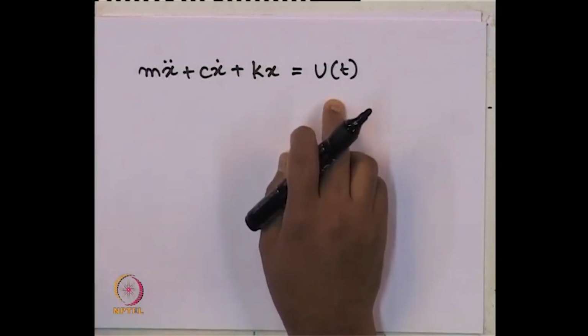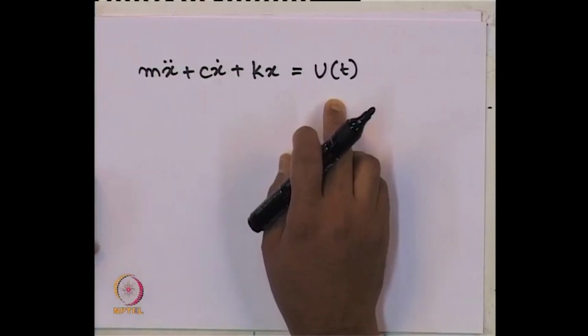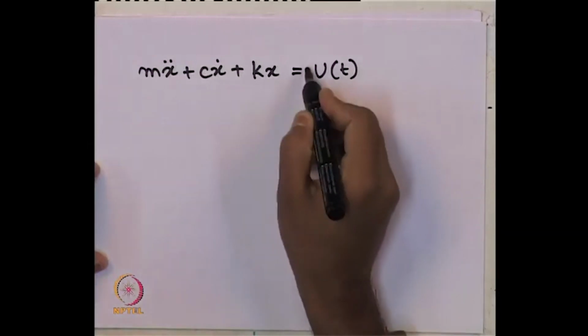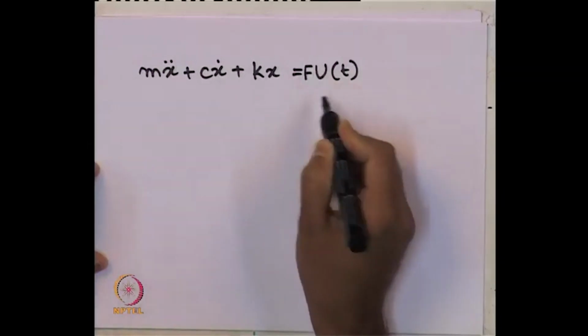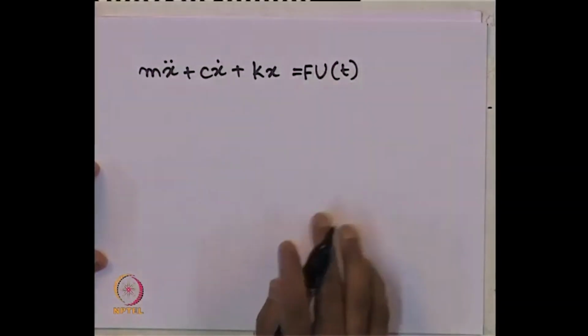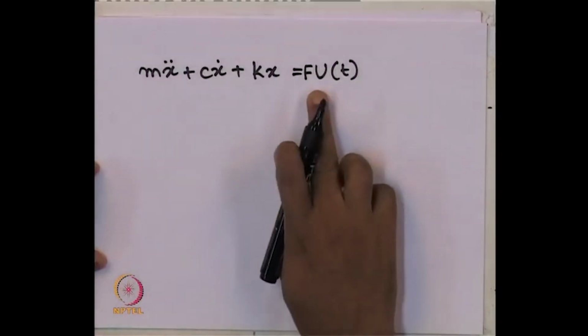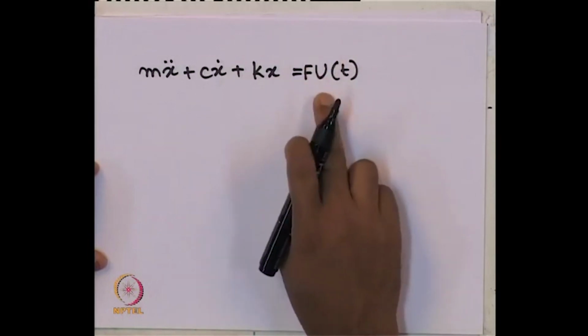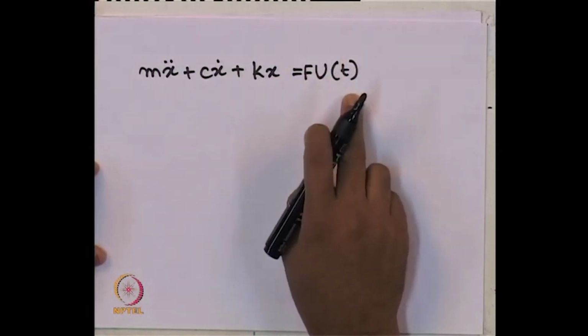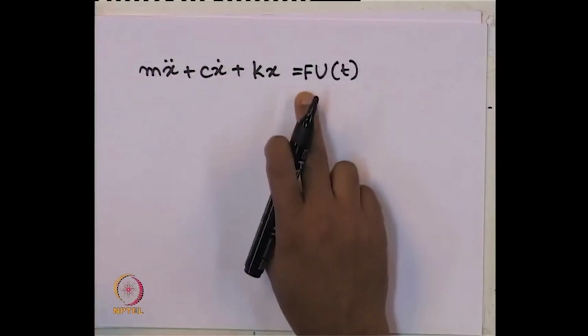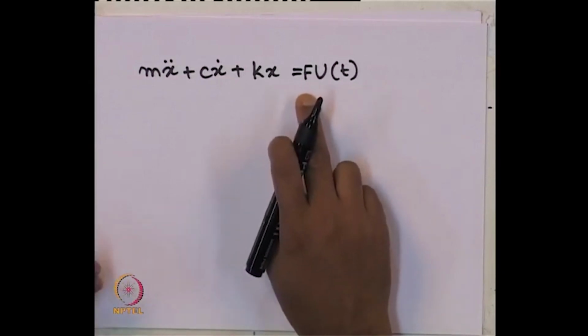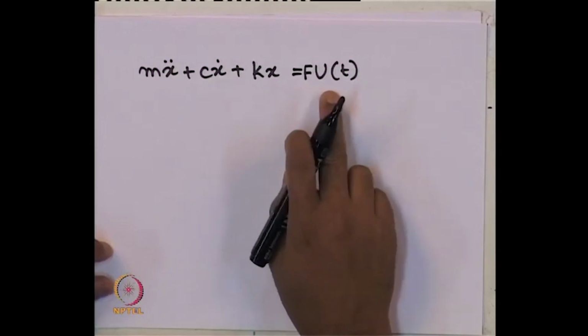Instead of a unit load, if a load F is applied, what should we write? F of u(t). Is that clear? So, if there is a unit load, we express that function in terms of u(t). Instead of a unit load, if there is a magnitude of force F, then mathematically we can write it as F times that function.